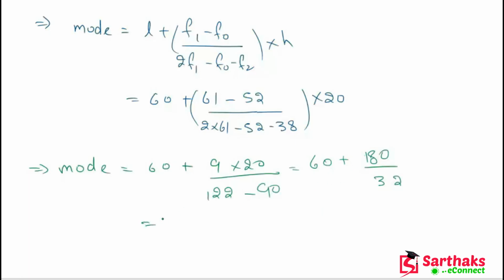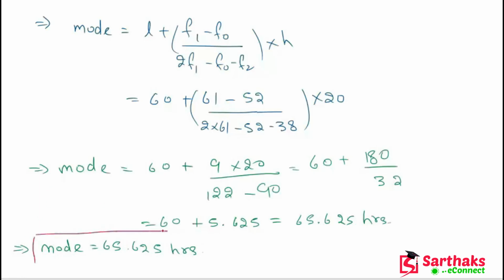Now if we solve this we get 60 plus 5.625. After solving this we get 65.625 hours. So what is the mode? The mode is 65.625 hours.